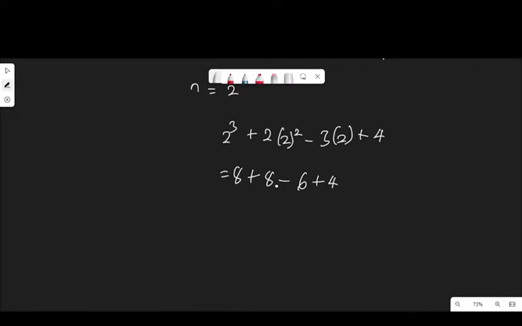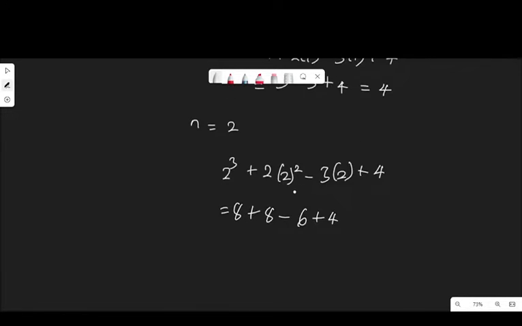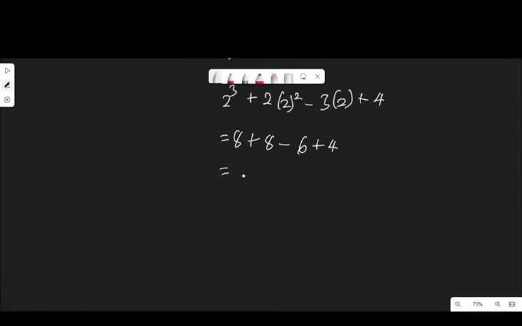Now 8 plus 8 is 16. 16 plus 4 is 20. 20 minus 6 is 14.